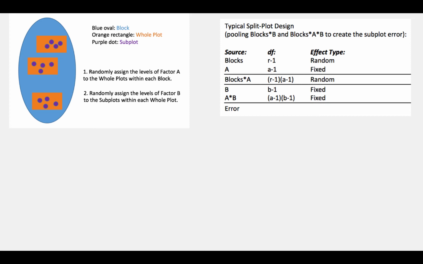Then I'm applying factor A, the tenderizer, on some experimental units out of that block, so the whole plot experimental units. Factor A, I do care about comparing my different tenderizers to each other, so that's a fixed effect. Then if I take the interaction between those 2 things, that's going to be the error term that I test my treatment A on, and so that's also going to be treated as random.